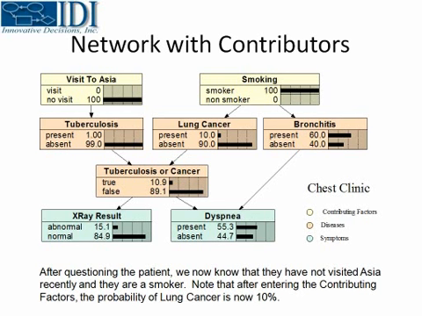So instead of average probability, I now have actual information that this person has not visited Asia, but they are a smoker. So you can see based on that information for the lung cancer, which I'm interested in, the probability that that person has cancer has now jumped from 5.5% to 10%. So that tells you right there that if you're a smoker, it doubles your probability of getting lung cancer, all other factors remaining equal.